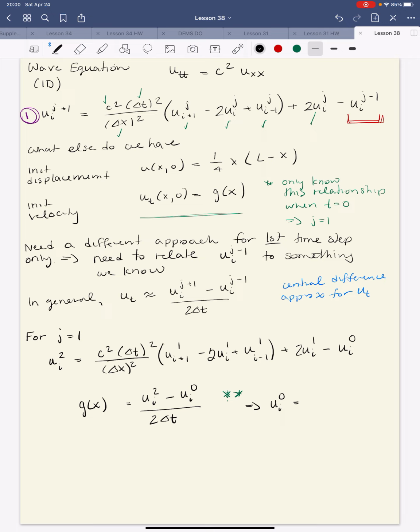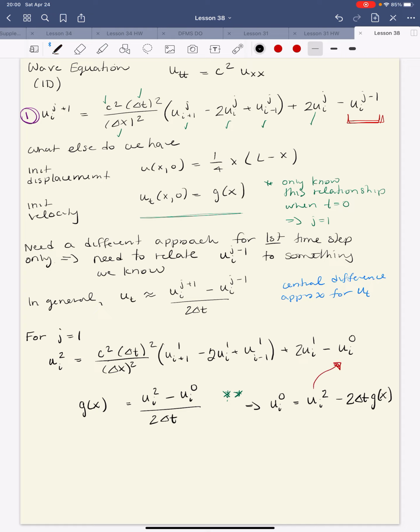So I'm just going to do this in my head. u sub i, 2 minus 2 delta t g of x. Okay, so all I did was flip the sign. So hopefully this makes sense. All right, and now all we're going to do is take this u sub i, 0, and we want to stuff this back into the original equation.